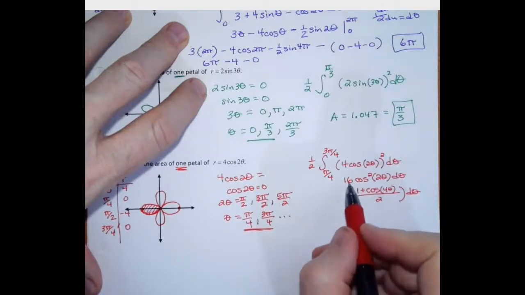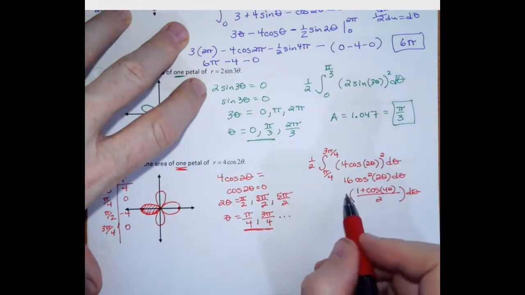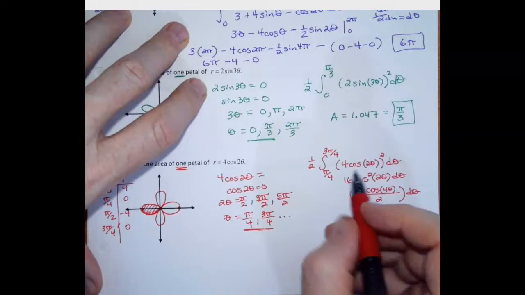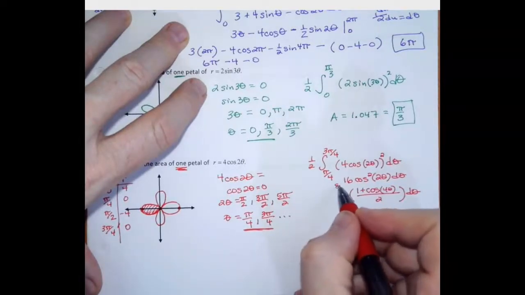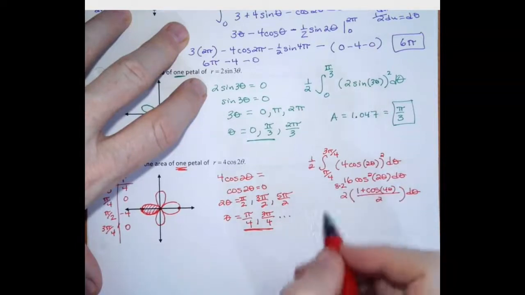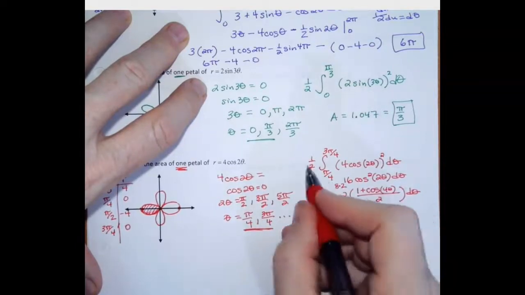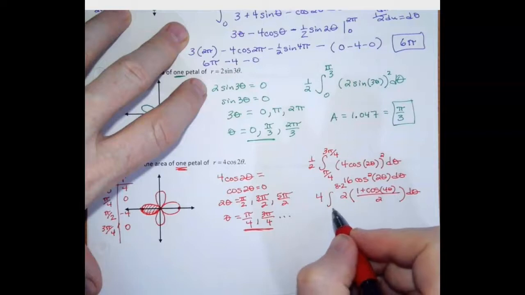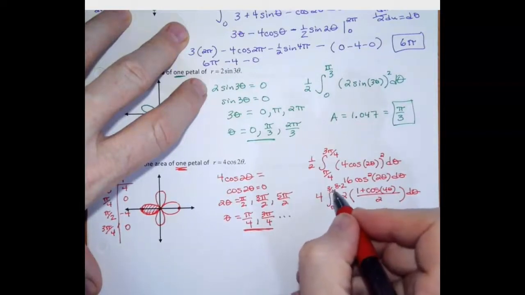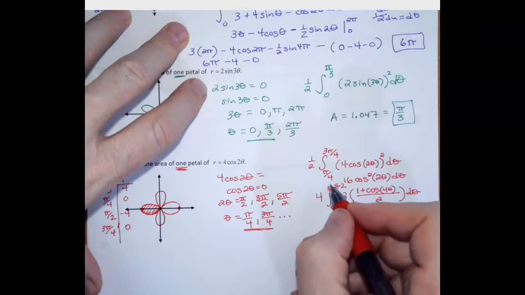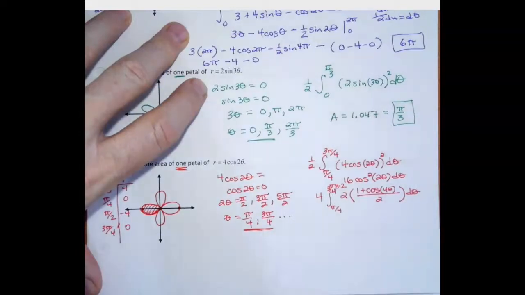Now, the 16 we can, I want to leave 2 inside here, so I'm going to change this to 8 times 2. I'm going to take that 8 out. That's going to be 8 times 1/2 is 4. So I'm just rearranging the factors of that. 3 pi over 4.